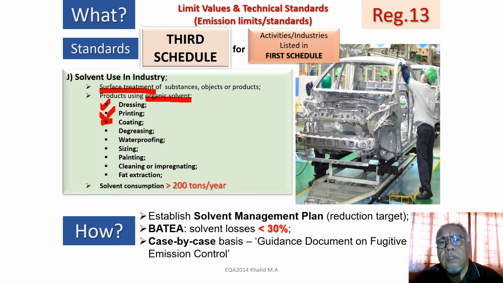And also in coating, some solvent is being used to coat certain materials. I'm not sure if you know EDP, electrolytic zinc phosphating. It's a form of coating to ensure that when they do painting over the zinc compound coat, there is very good adhesion of color pigments or paint to the surface of the metal that is coated.